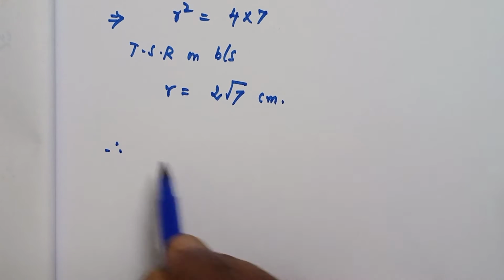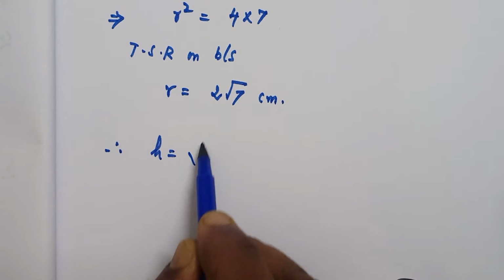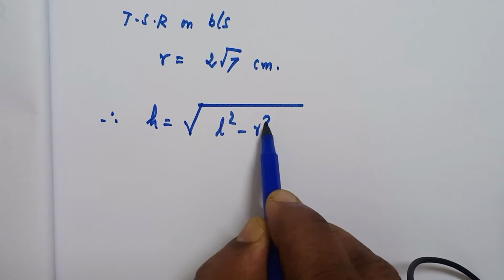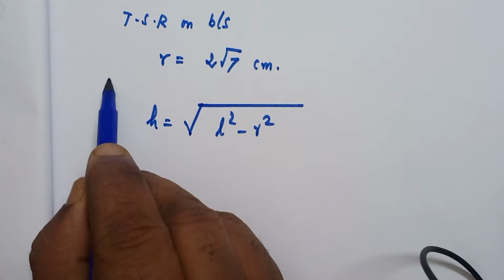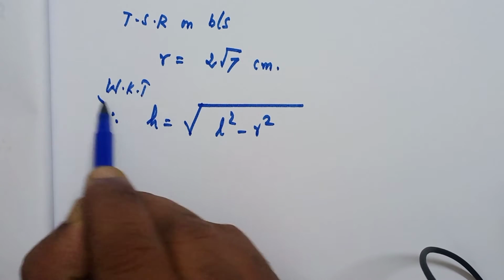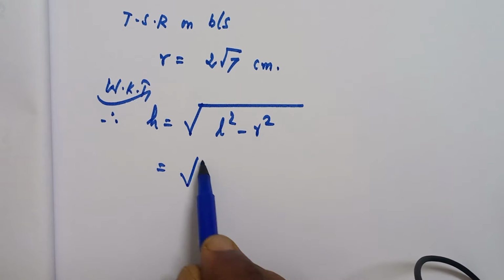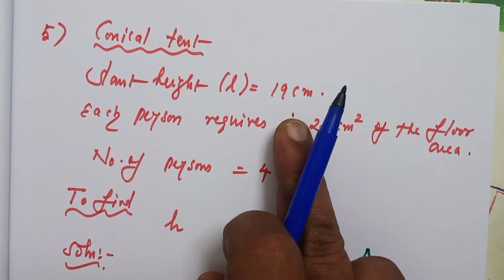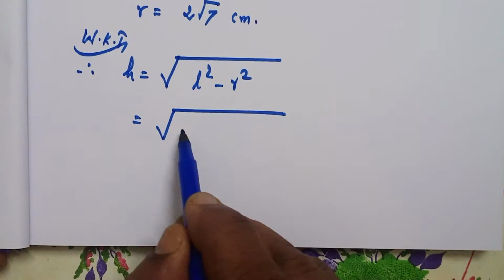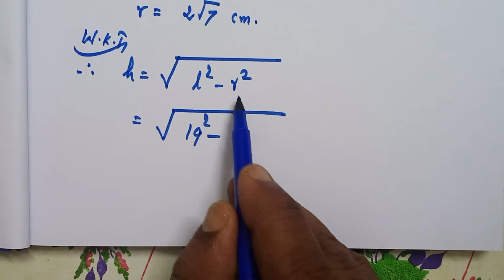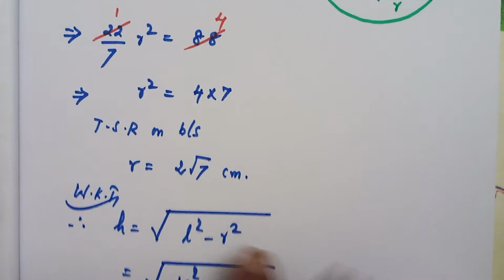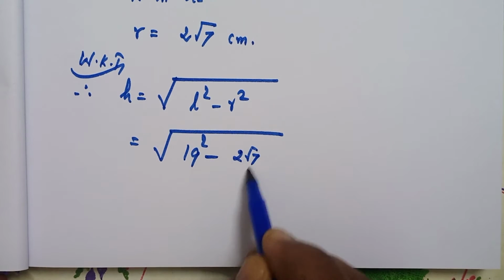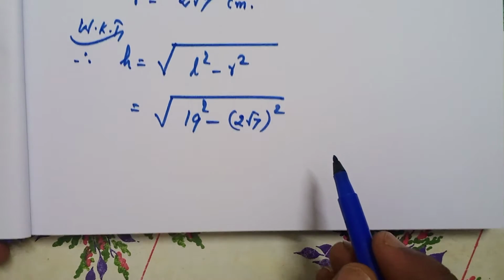Therefore, height is equal to the formula square root of L squared minus r squared. We know that h equals square root of, what is the value of L? 19. 19 square minus r square. r here is 2 root 7. 2 root 7 square. Now we have to simplify.